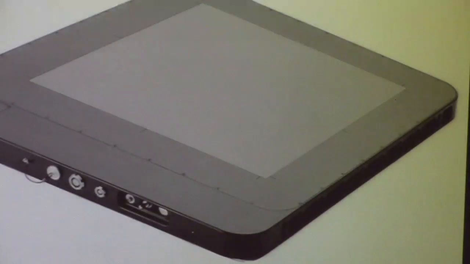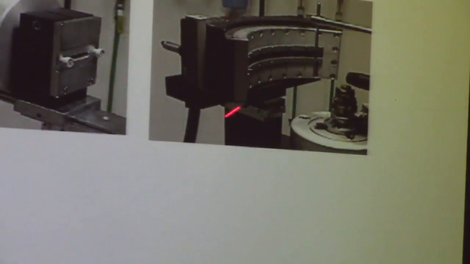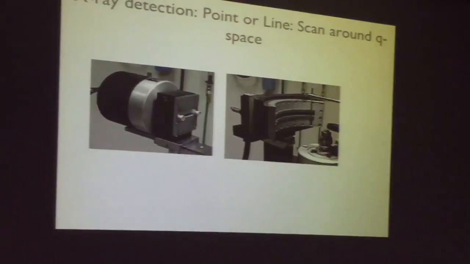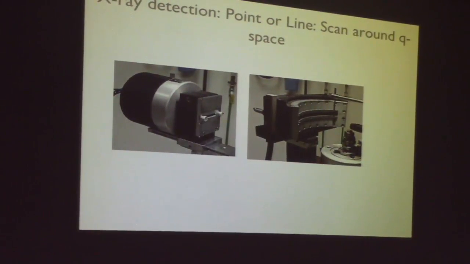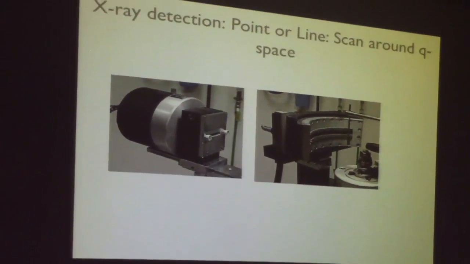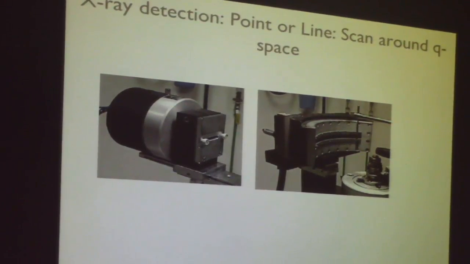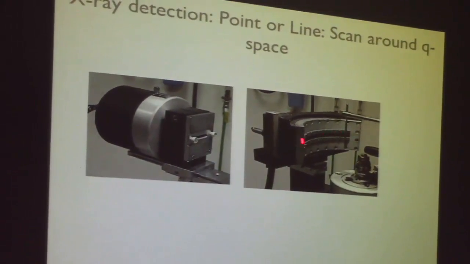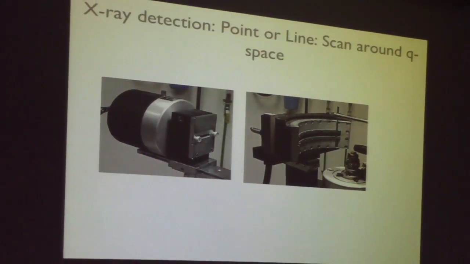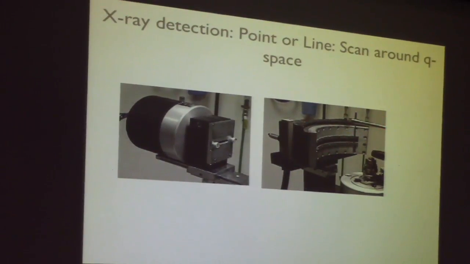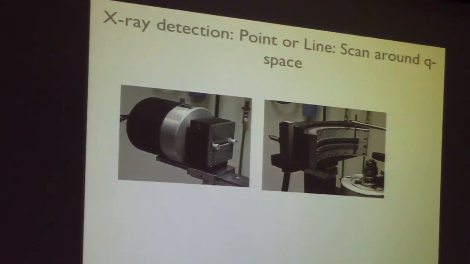I don't think I have a line detector. This is a line detector, or 1D detector, and it's a curved one because it covers a very high angle. The way these work is slightly different. They're basically gas detectors, and they have either a wire or a metal blade inside, at a very high voltage, sitting inside gas. The X-rays go into the gas and ionize the gas, like a lightning strike.